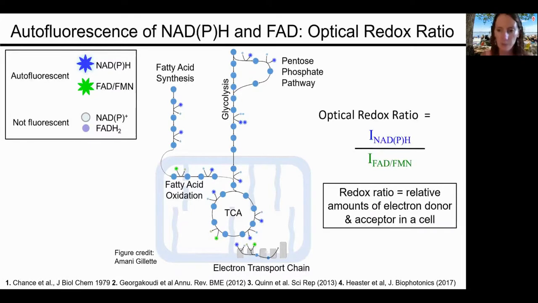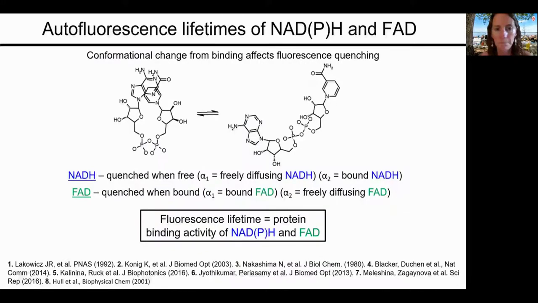And what we do is take the ratio of NADH to FAD and call this the optical redox ratio, which provides us information on how oxidized or reduced the overall cell is. And this has become very useful in many different studies for measuring whether a tumor is malignant or not, whether it's aggressive or not, and we use it to measure drug response.